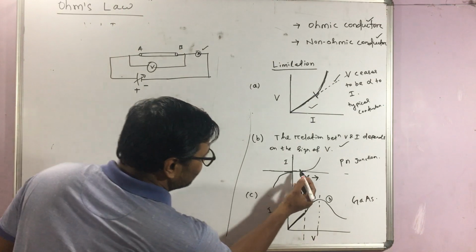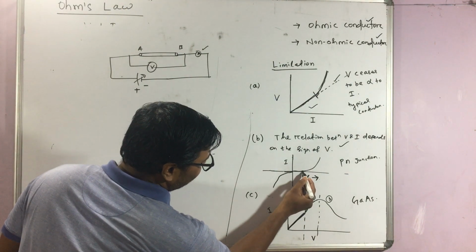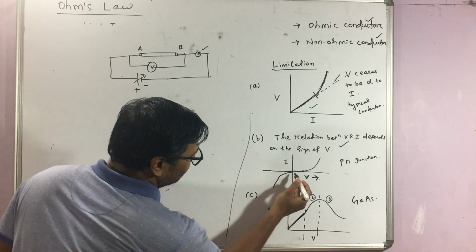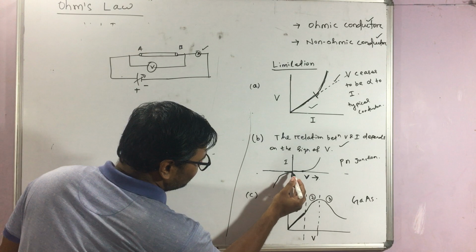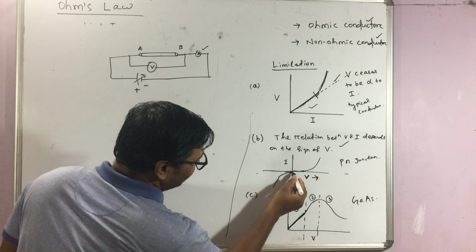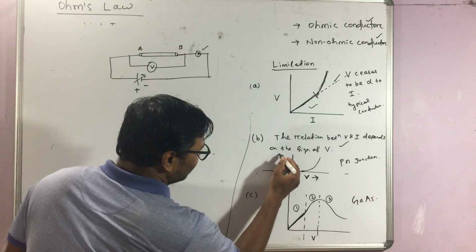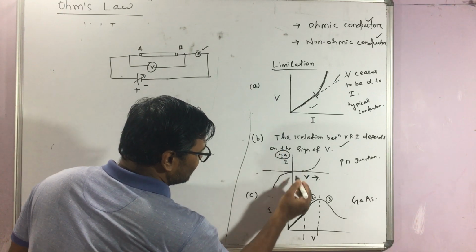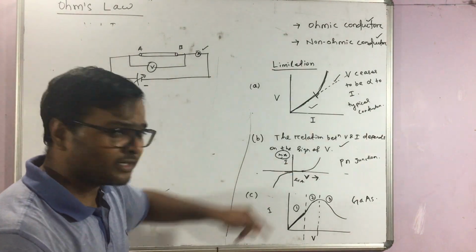You see, here, up to a certain value of the voltage, the current is 0. But on the negative side of the voltage, you see the graph has started increasing from the point 0. And here you see the current is actually given in milliampere and here the current is in microampere. There is a huge difference.